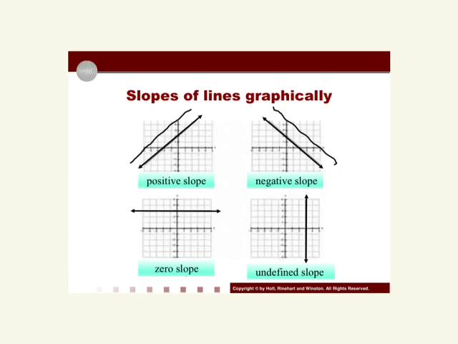A horizontal line goes left to right, so it's 0 because it's a constant. A vertical line goes up to down, down to up, whichever way you want to see it, but it is undefined.